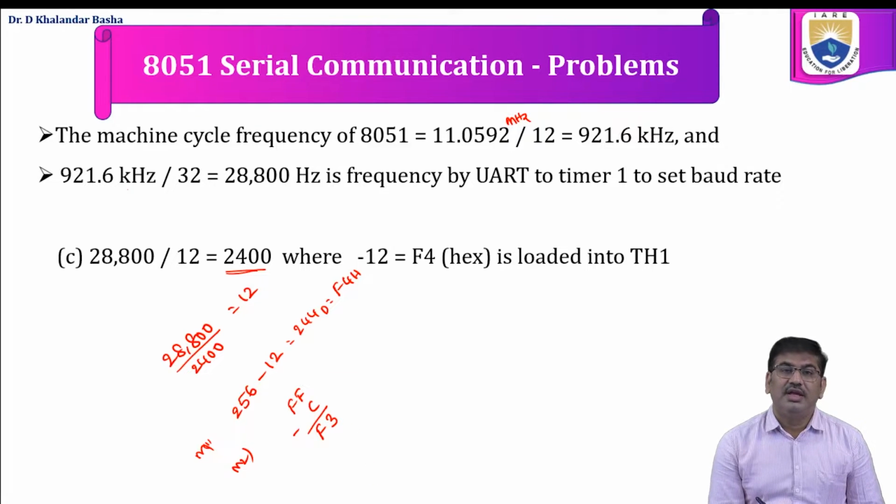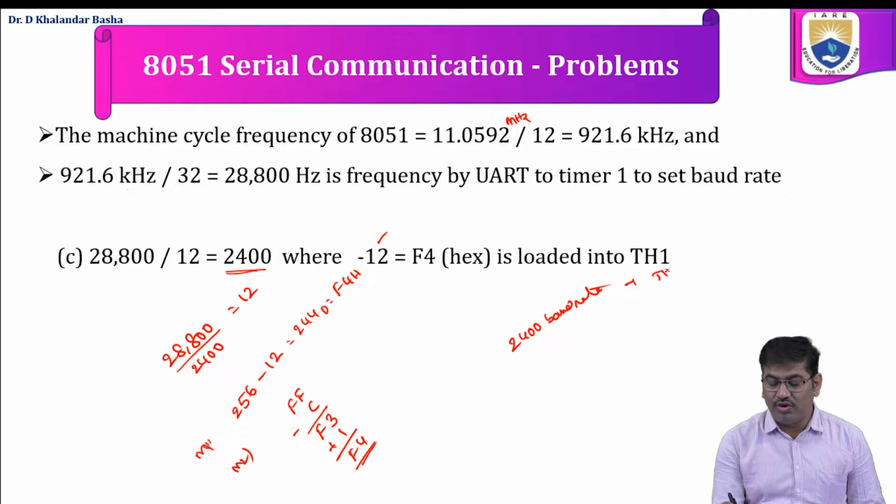Here it is F. As the count starts with 0, we have to consider it, so add plus 1. So now the count we have to load is F4. It is also equivalent to minus 12H. So for supporting a 2400 baud rate, the value which we have to load into the TH1 register is F4H.